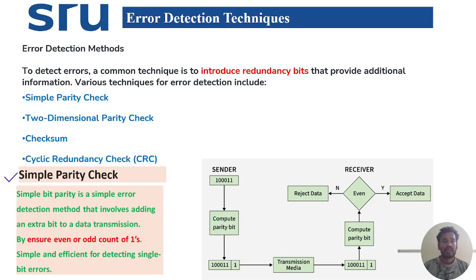Coming to the error detection techniques, there are four methods. First, we need to understand why we need to detect errors. While transferring data from the sender side to the receiver side, it should be reliable. No error should occur, such as flipping of data, in the meantime while transferring.